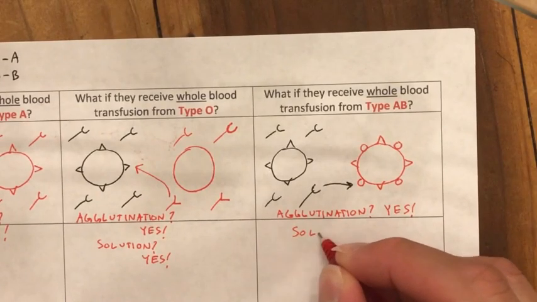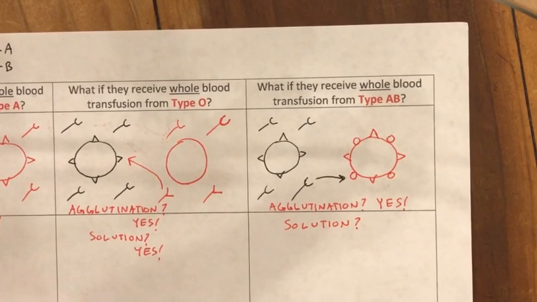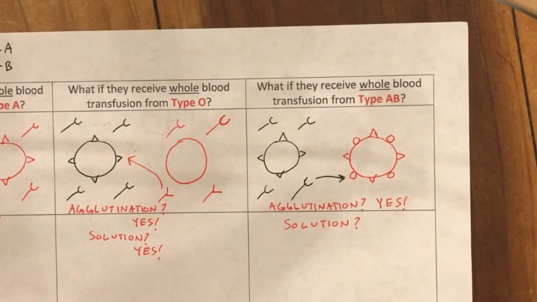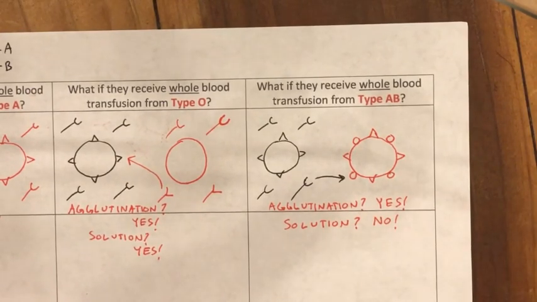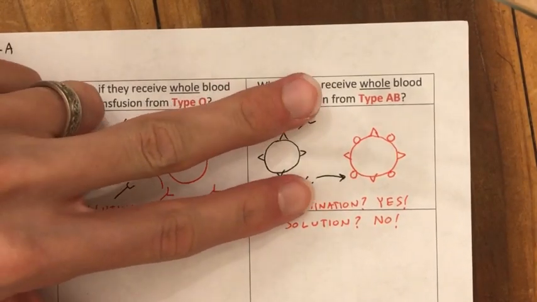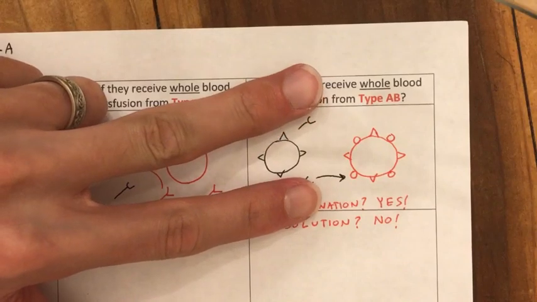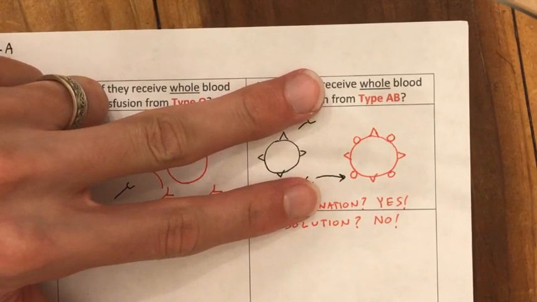What about, is there a solution? Is there a way to solve this problem? Well, practically speaking, no. Practically speaking, there's not a way to fix this problem. If you said yes, maybe you said yes because, oh yeah, we can just take away the antibodies of the recipient's blood.